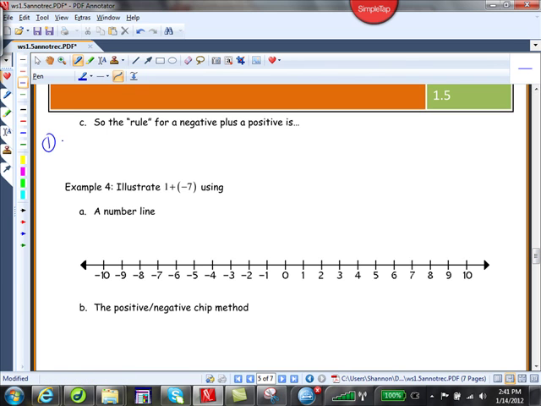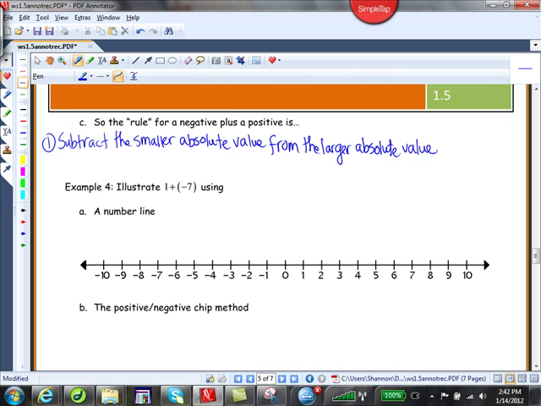So here what we did is we subtract the smaller absolute value from the larger absolute value, and then use the sign of the number with the larger absolute value.